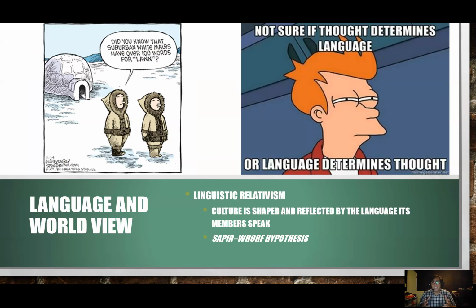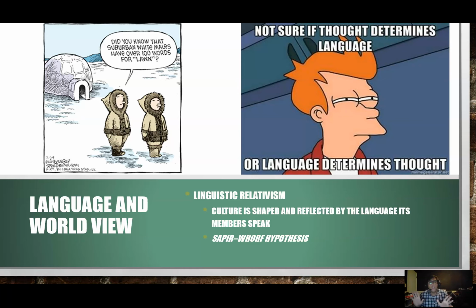And then lastly, it affects our worldview. Linguistic relativism shows that culture is shaped and reflected by the language its members speak. A great example of this, the Sapir-Whorf hypothesis, is shown well with Eskimos.